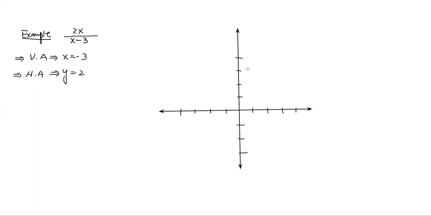And 3 is somewhere here, right? Okay, good enough. And the horizontal asymptote is y equal to 2. So let's do something here.